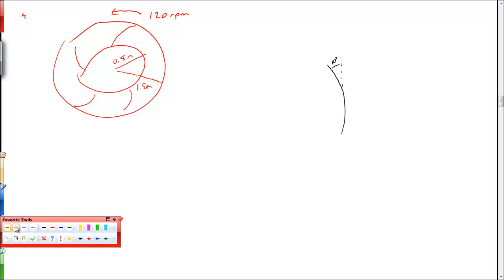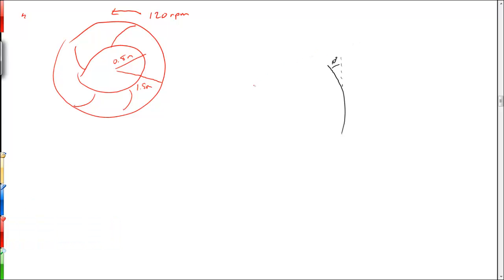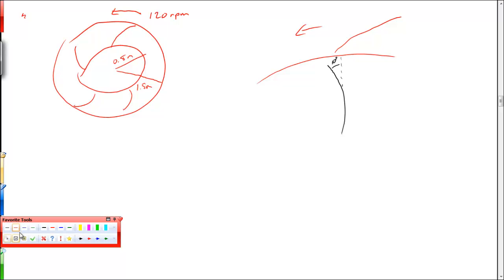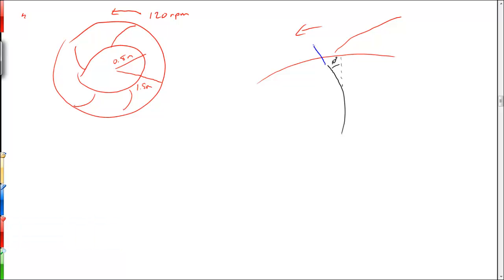And now our rotor is going to come by, and it's going to have a blade that looks something like this because it's moving to the left in our picture at some speed. And so the water velocity from the stator in the absolute frame is going to have some velocity like this that looks like V.